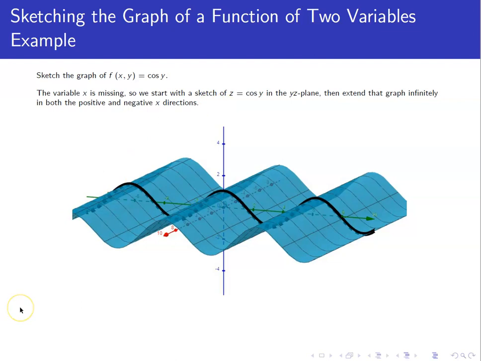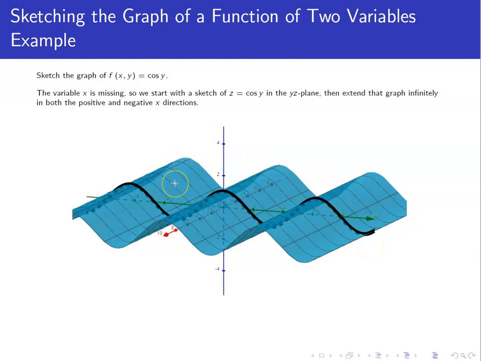So the way we'll sketch this one is we'll start with a sketch of just the graph of the curve z equals cosine of y that happens to be in the yz plane. That's what this black graph here is representing, that cosine graph in the yz plane.